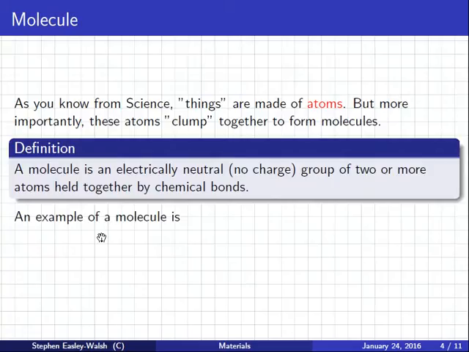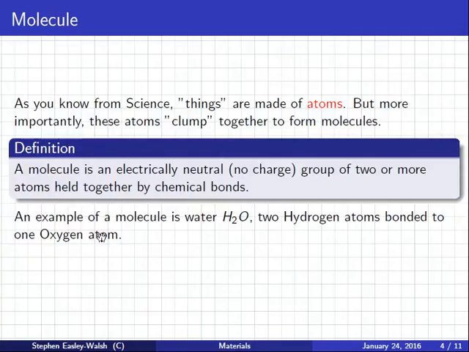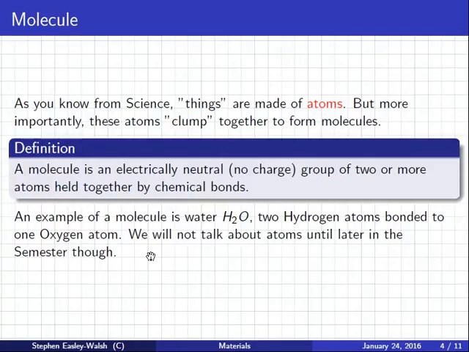So an example of a molecule is water, H2O. 2 hydrogens bonded with 1 oxygen. We'll talk about atoms later. Can you just get this definition of a molecule, please?